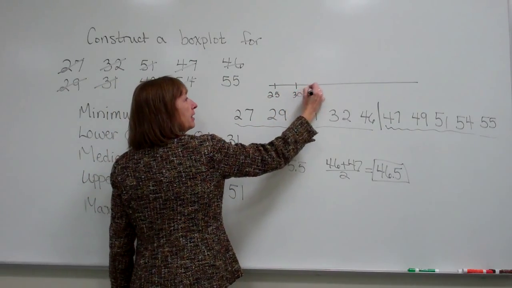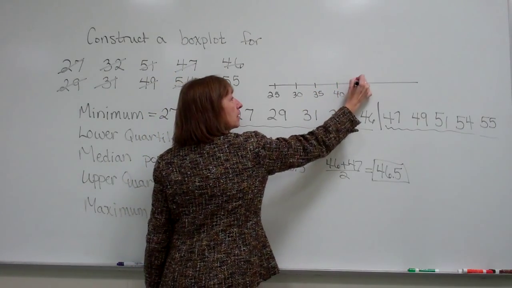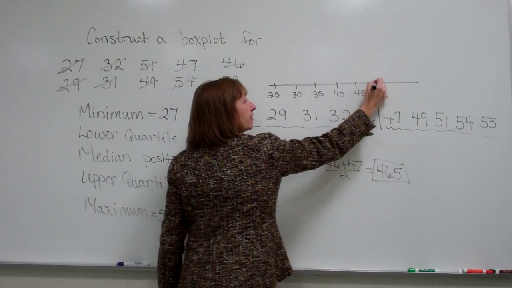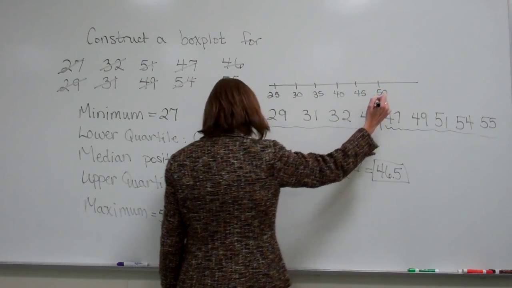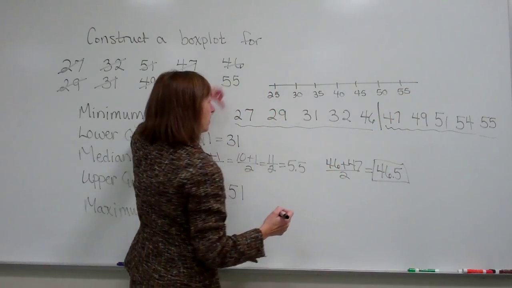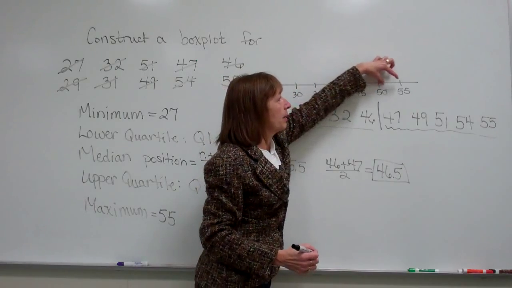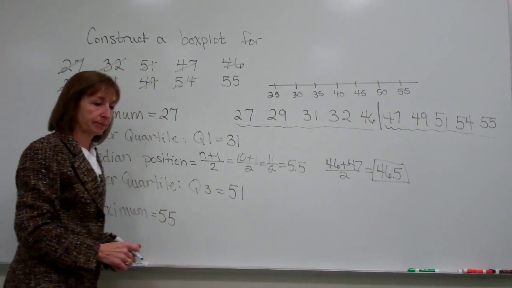25, 30, 35, 40, 45, 50, and then 55. So notice I've tried to make sure that I have uniform increments marked along a number line.